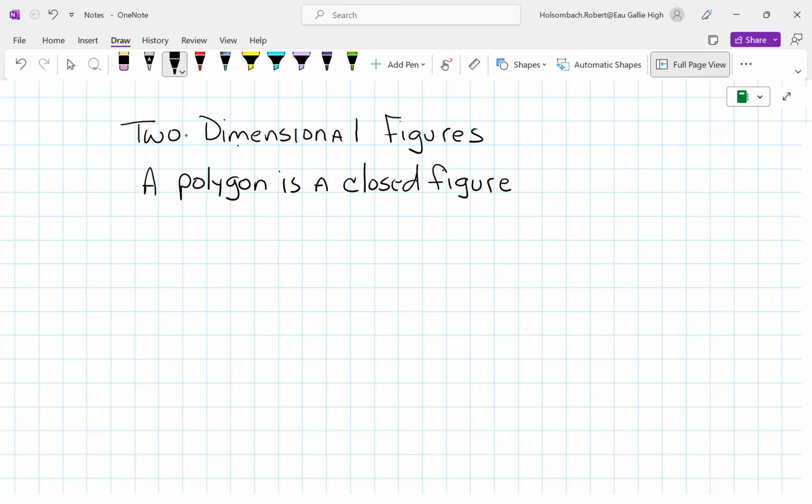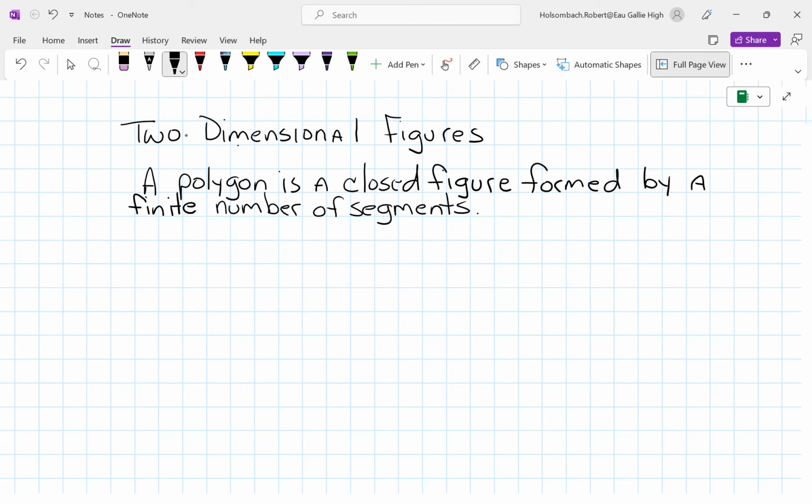A polygon is a closed figure formed by a finite number of segments called sides.